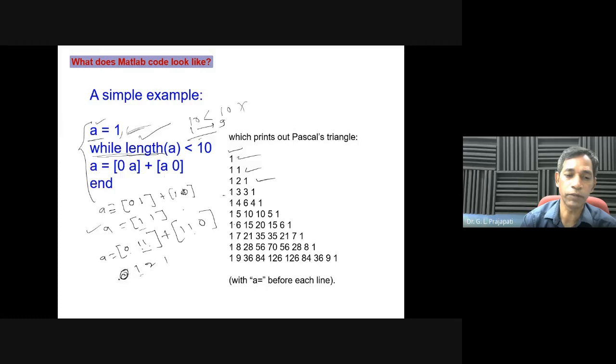So next you are having the 0 here, and A is 1 2 1, and here you are going to say plus, and A means 1 2 1, and you have the 0, and then you are going to add. So 1 plus 0 is 1, 2 plus 1 is 3, 1 plus 2 is 3, and 1 plus 0 is 1. So you are having 1 3 3 1.